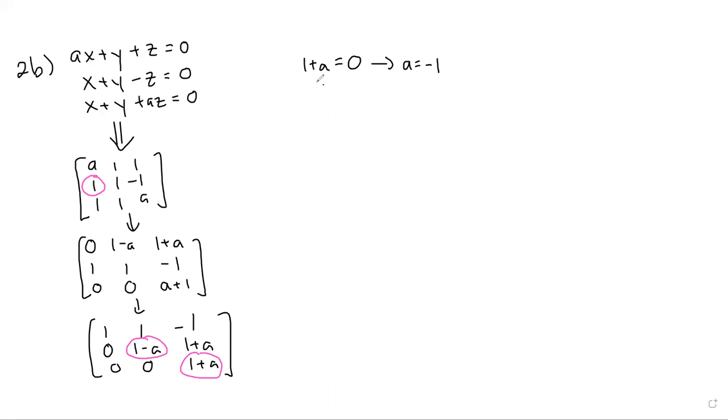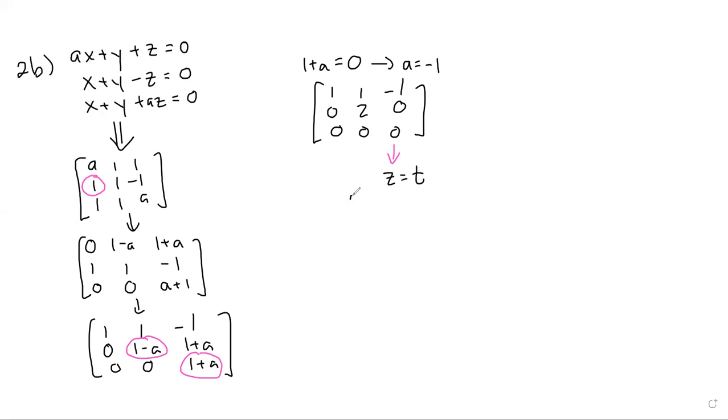And my matrix is going to be 1, 1, -1, 0, 2. And this will be a 0 when I plug that in, and then 0, 0, 0. And so I will have a free variable here, and I will let z equal t.